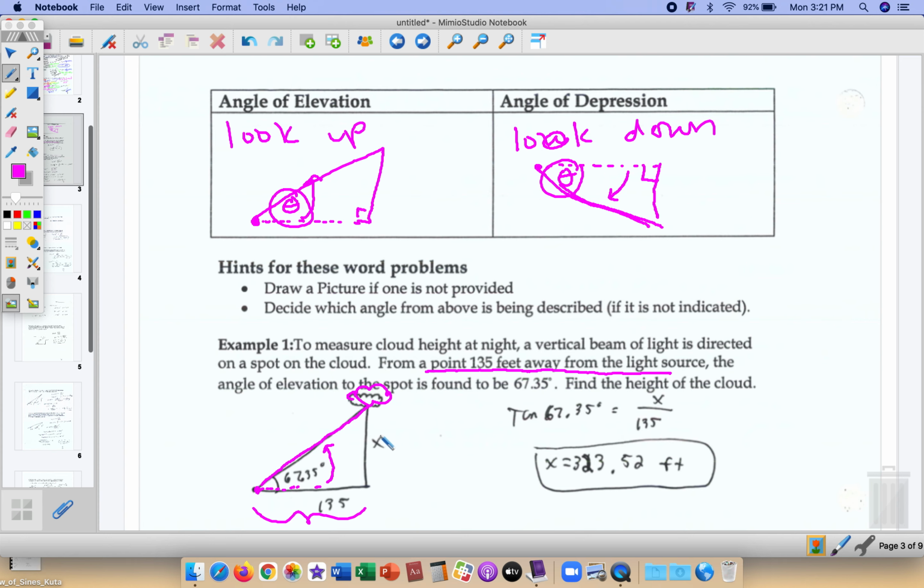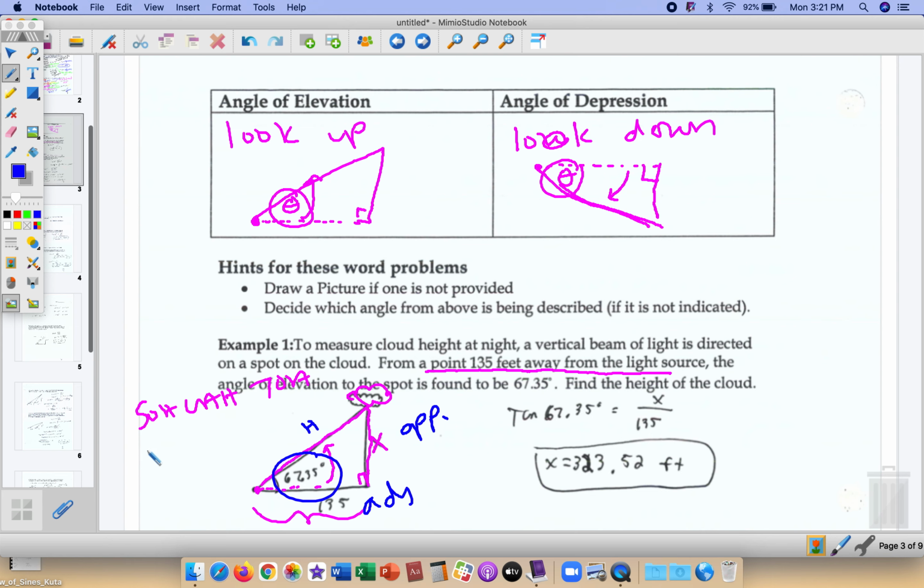So the height of the cloud, you can label this as a variable unknown. We can just say x is the straight up and down to the ground, and then you'll form the right angle there. So for this then, you decide what part of SOHCAHTOA you want to use, right? You can't use Pythagorean theorem because you only know one side length. So if I'm going to use this angle, I'm going to label this as my opposite. I'm going to label this as my adjacent, and this is the hypotenuse, right?